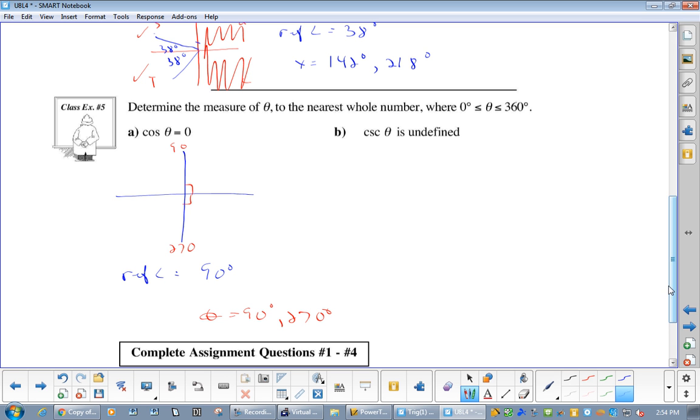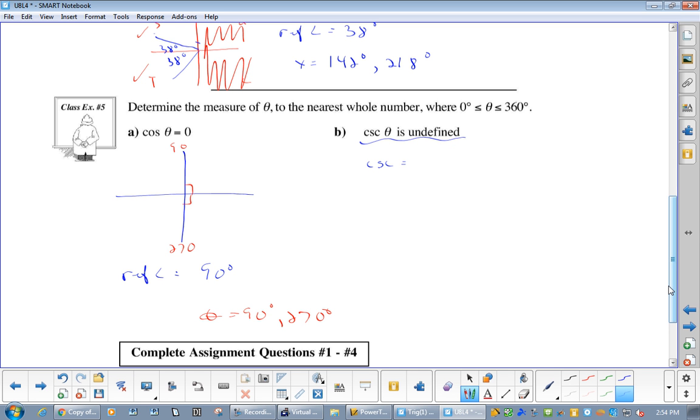Okay, so this one messes with people because it says cosecant theta equals undefined. Like, where do you even start with that thing? Undefined is, that's an undefined slope. No. What makes something undefined?